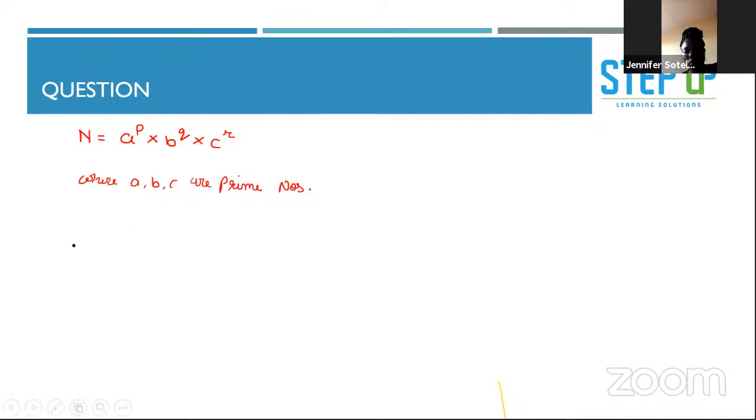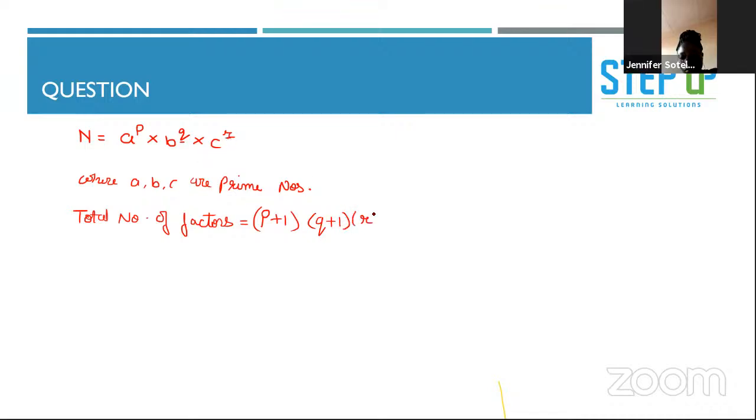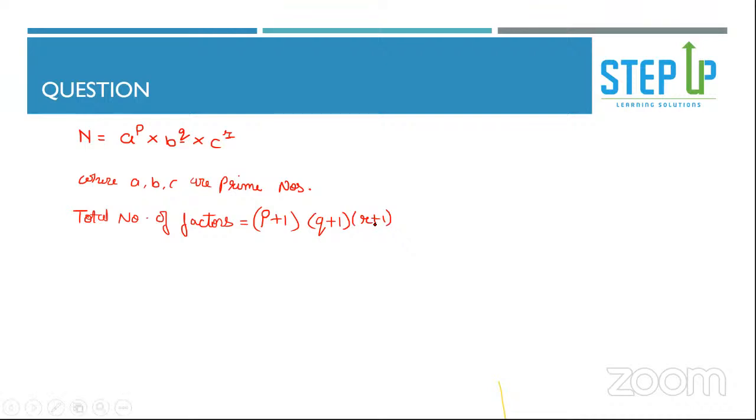If n is any number, a to the power p into b to the power q into c to the power r, where a, b, c are prime numbers, then total number of factors will be p plus 1 into q plus 1 into r plus 1. Okay, so p plus 1, q plus 1, r plus 1.